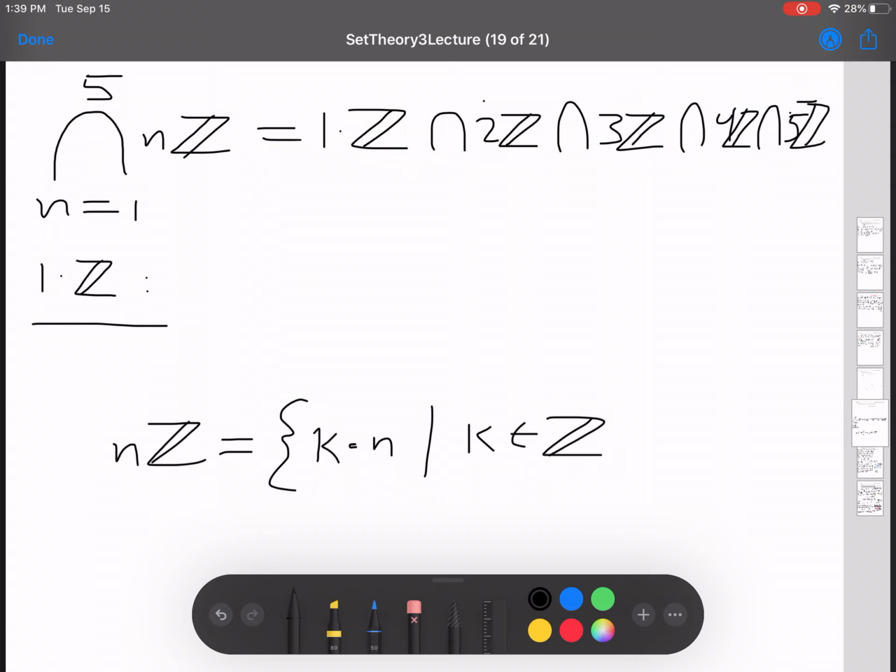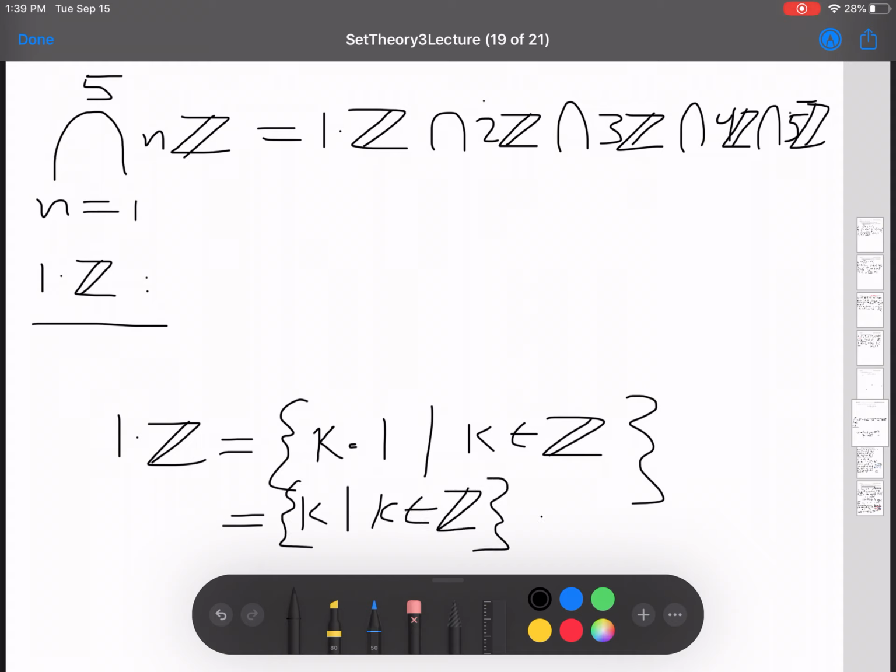So it's multiples. 2z is the multiples of 2, otherwise known as the evens. 3z is the multiples of 3. 1z is the multiples of 1, right? So if you put a 1 here, well, that's just k, such that k is in z. Well, that's just z. That's just the integers. So 1z is the integers.